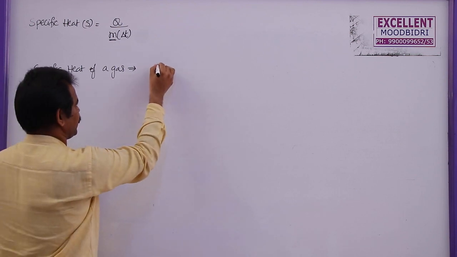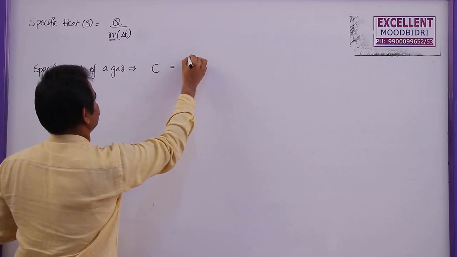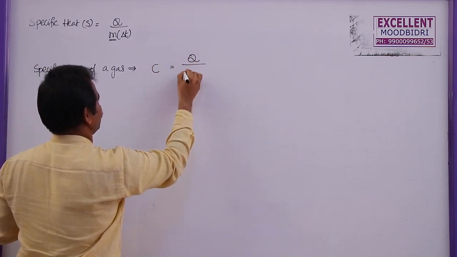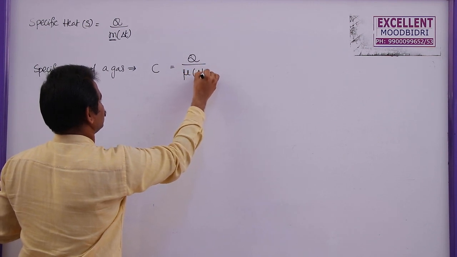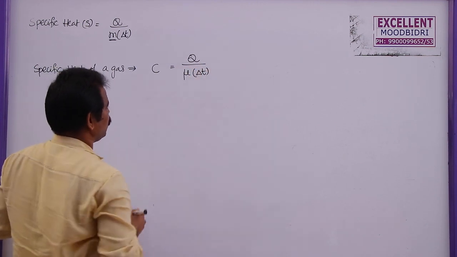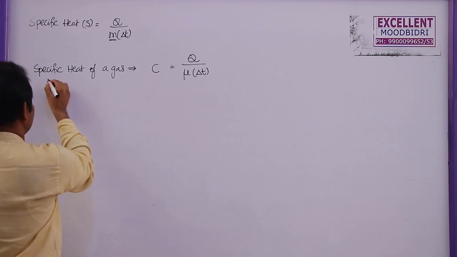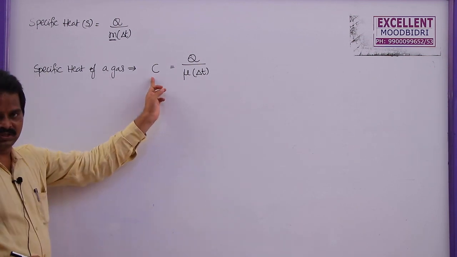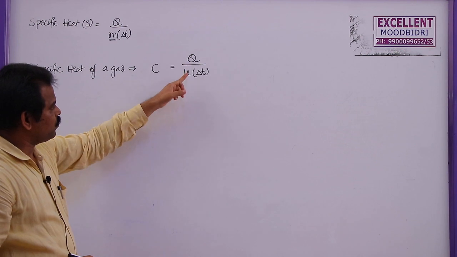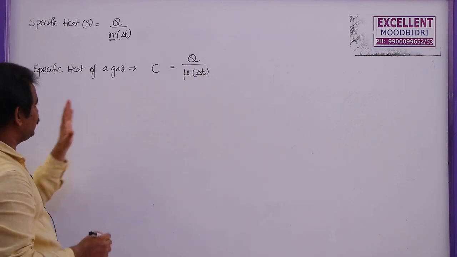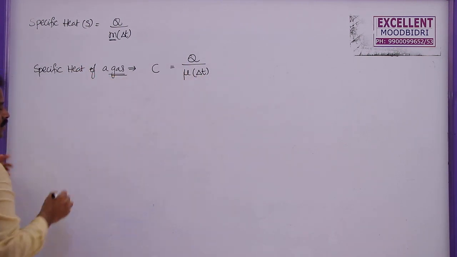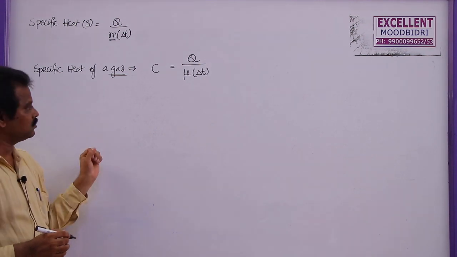For gases, we write specific heat as C. This is the quantity of heat required for 1 mole of gas to increase its temperature by 1 degree Celsius. So the specific heat of a gas is denoted with C, and here we can write Q by μΔT. But a gas can be heated in two different modes.